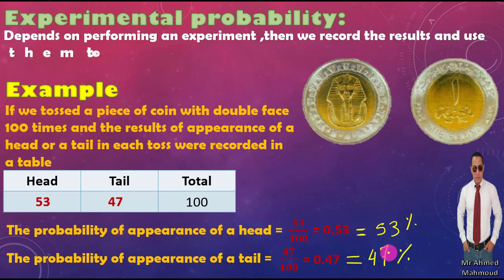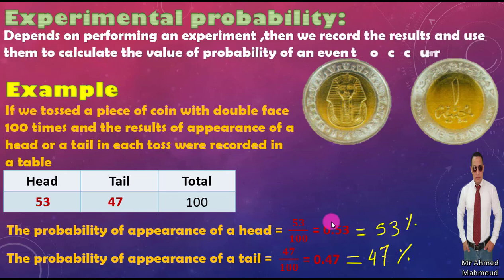The definition of experimental probability: it depends on performing an experiment. Then we record the results and use them to calculate the value of the probability of an event occurring. It means, as I did in this example, I did the experiment 100 times and recorded the number of tails and the number of heads.